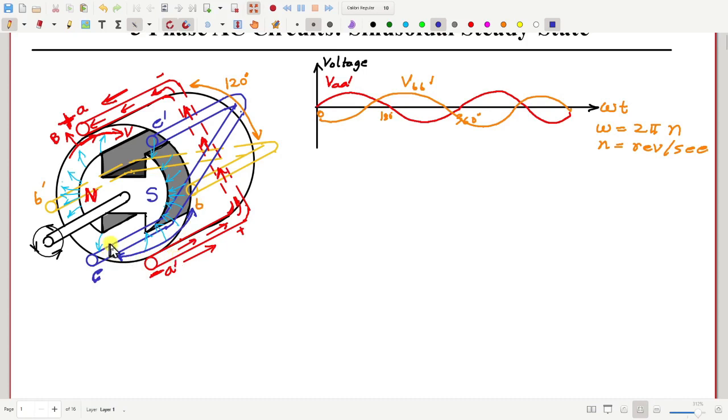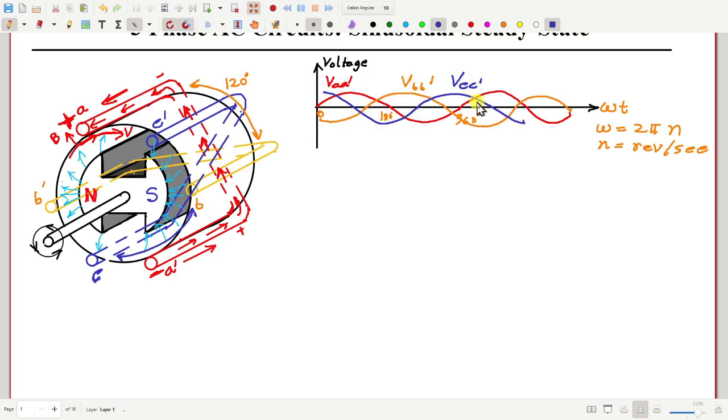And so this side is actually behind this. These are all behind this. Okay, so now the voltage induced between C and C prime will again be 120 degree lagging the voltage BB prime. Okay, so that will be somewhat like this. Okay, so this is V_CC'.